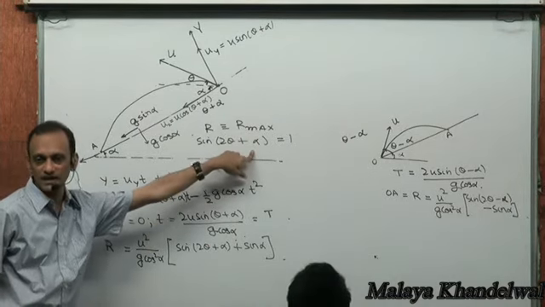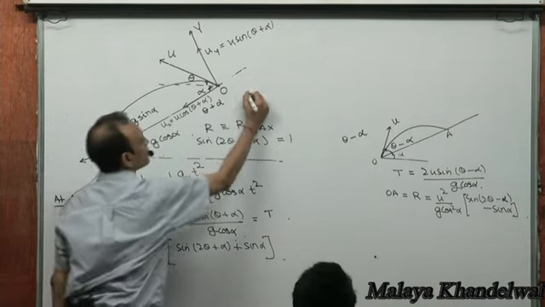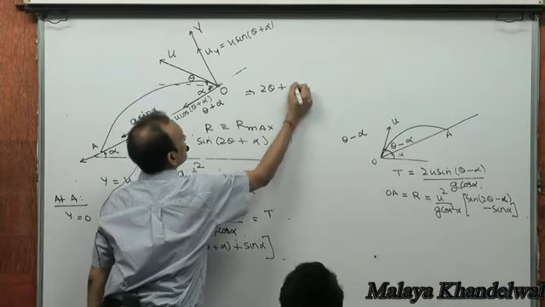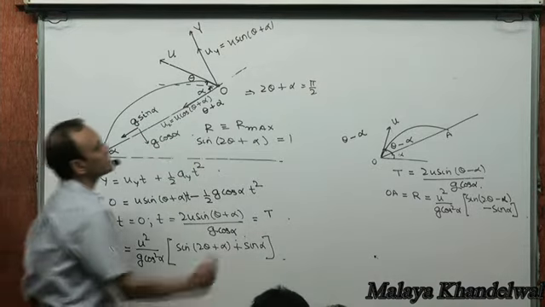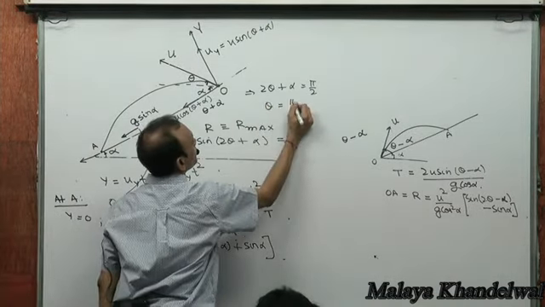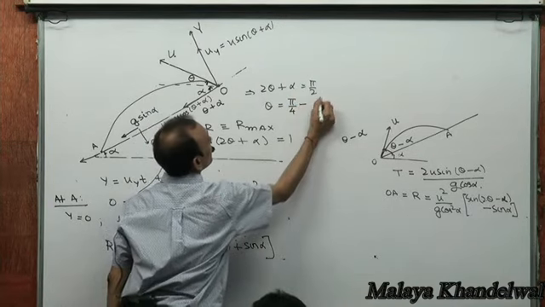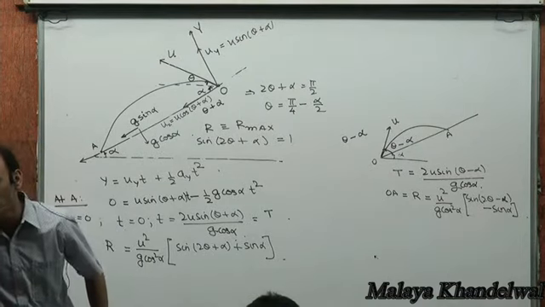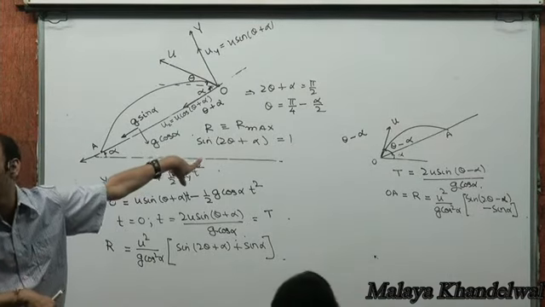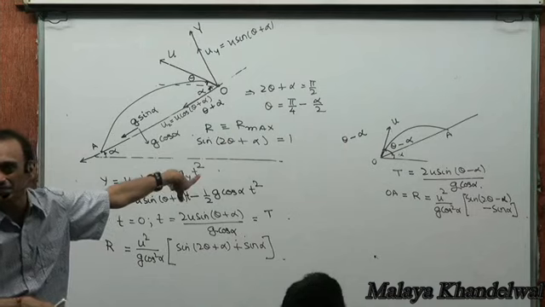When 2 theta plus alpha is pi by 2, that means when theta is pi by 4 minus alpha by 2. In the earlier case, it was pi by 4 plus alpha by 2. On replacing alpha by minus alpha, you get the condition for maximum range.